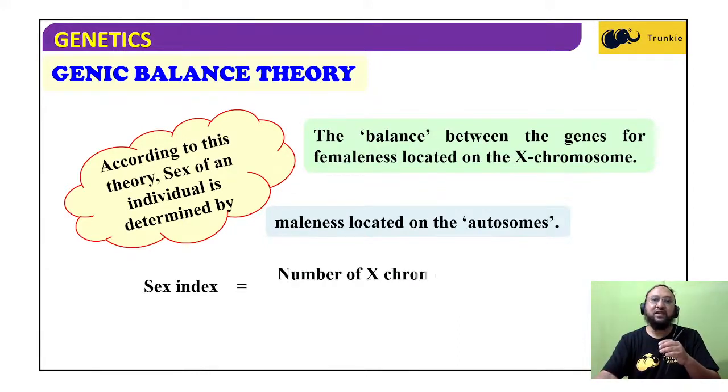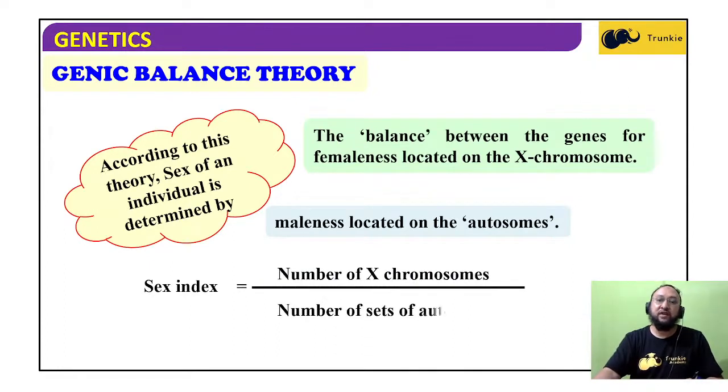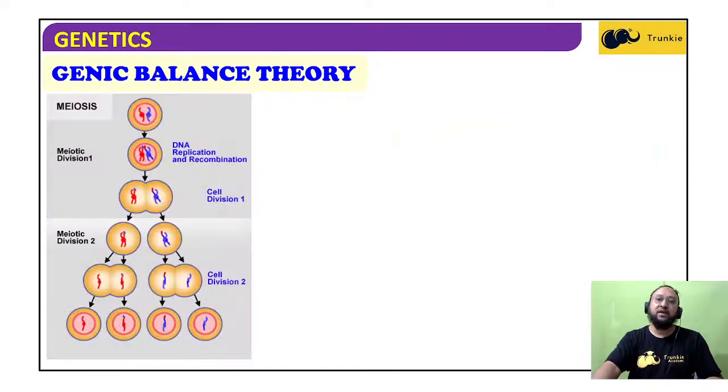So sex index is equal to the number of X chromosomes divided by the number of sets of autosomes. If the X chromosomes are more in number, the offspring will be female. That is called X by A, the number of X chromosomes divided by the number of sets of autosomes.